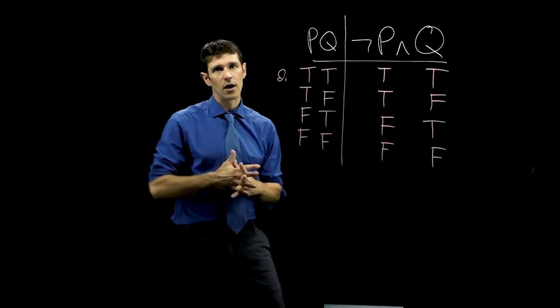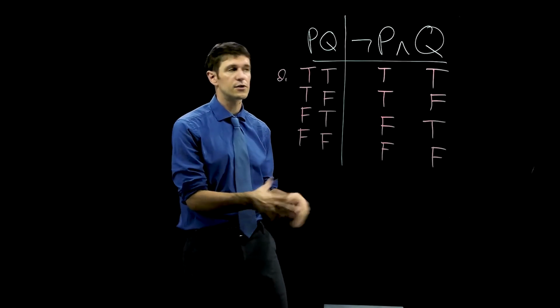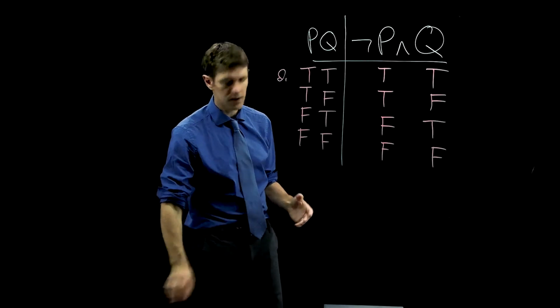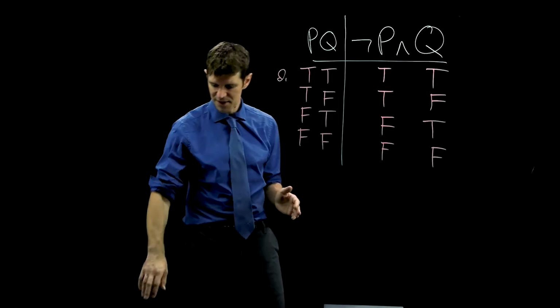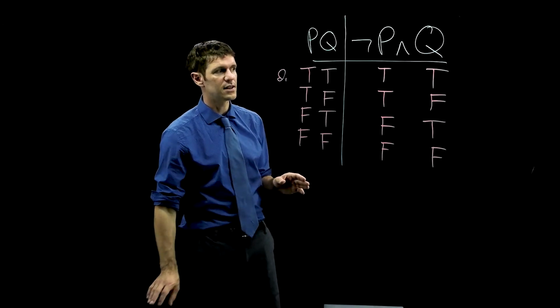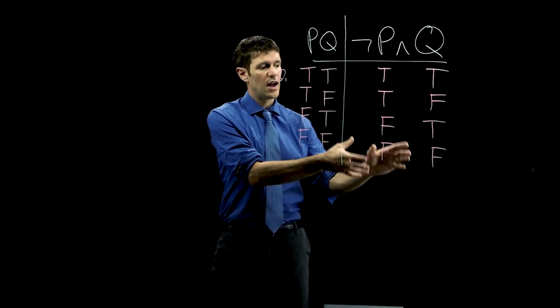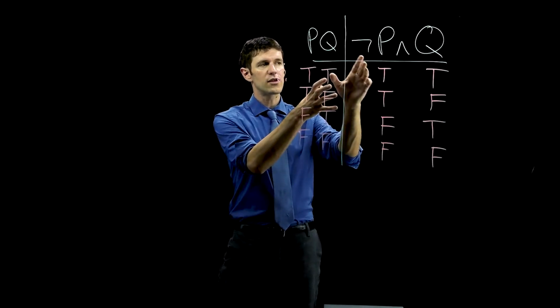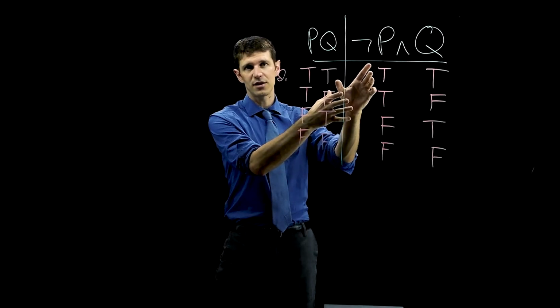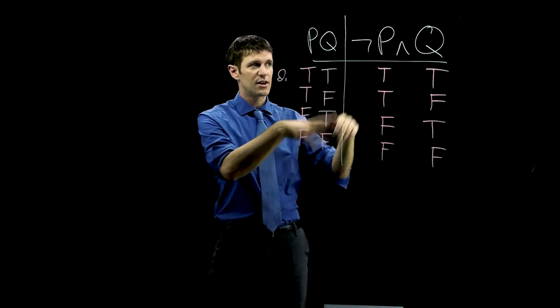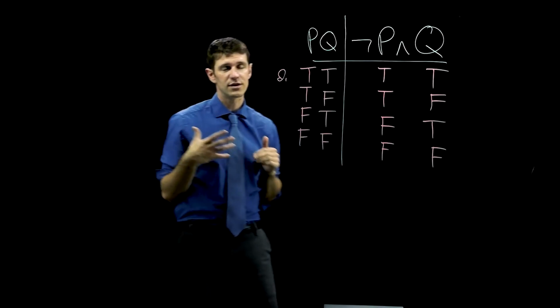Now the next step is often the most tricky for individuals who are first starting out with truth tables, and that is, what do I do next? What you would do next is take these truth values that you have and use them with the valuation function associated with these operators to determine the truth value of the subformulas.